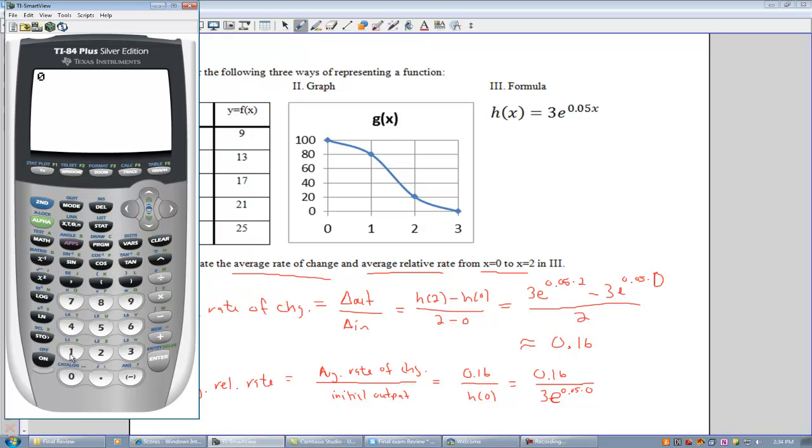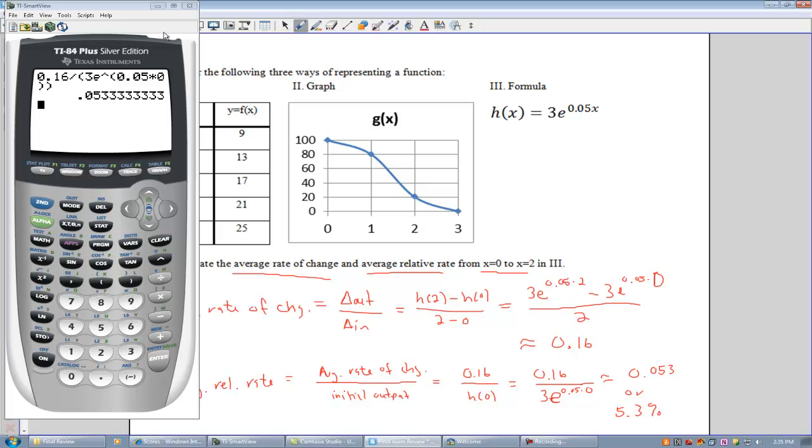And so I'll just take 0.16, and I'm going to divide by left parenthesis 3 second e to the 0.05 times 0, in parenthesis, hit enter, and what I get out is approximately 0.053, or 5.3%. Right, so I have an increase of 5.3%.